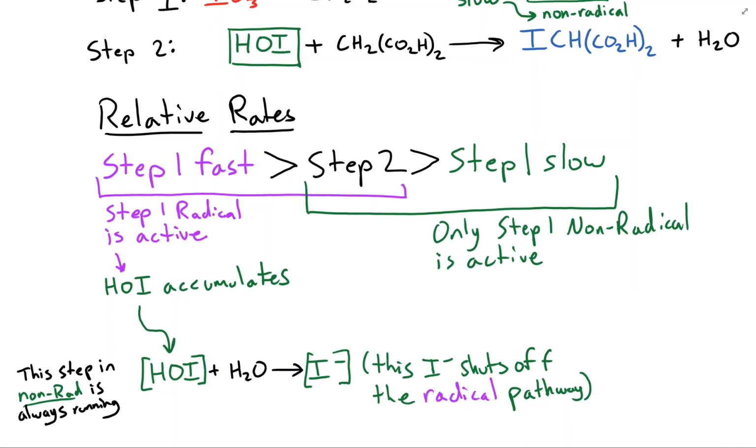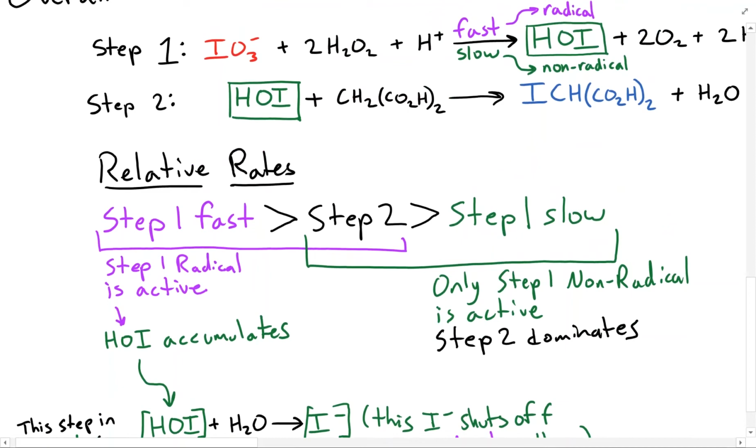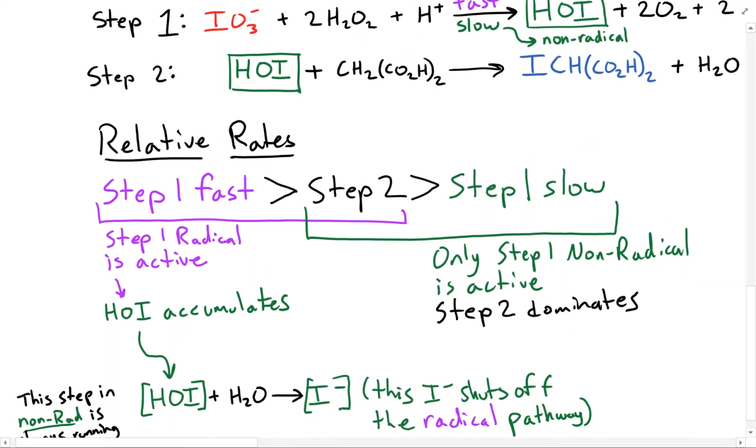That means that between these two, since step 2 is so much faster, step 2 now dominates. If step 2 dominates, remember, step 2 consumes HOI, step 1 produces HOI. So if step 2 dominates, HOI is going to be consumed.